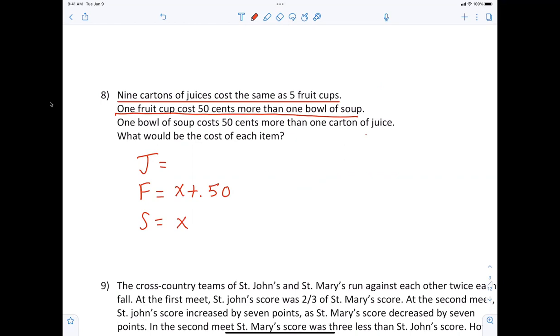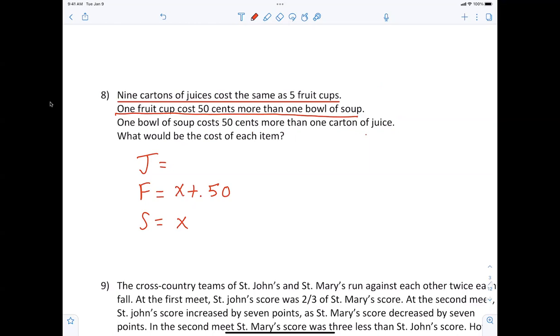1 bowl of soup costs 50 cents more than 1 carton of juice. So now, come on now, we've worked on this. Now, everybody in here better get this one right now. All right? 1 bowl of soup costs 50 cents more than 1 cup of juice. So the juice, according to the soup, would be how much? X minus 50.